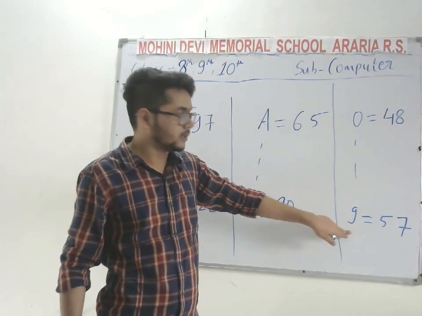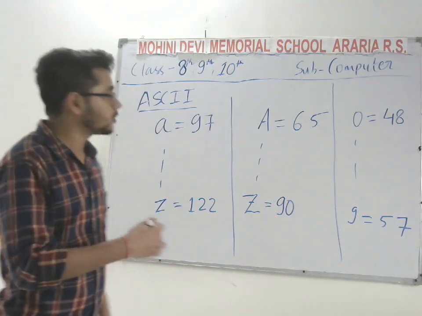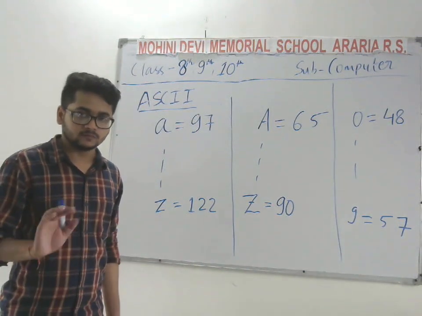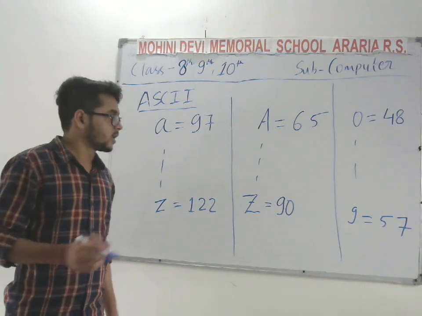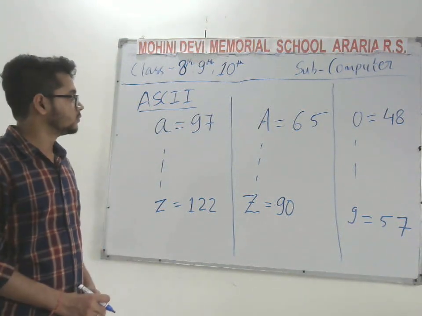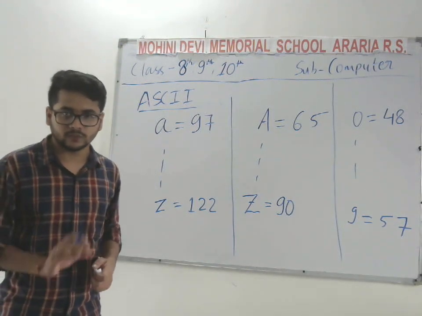Similarly, we will get to 9, which is represented as 57. And we can convert all these decimal numbers into binary numbers. I know you have already studied it, so try to convert it. So you have all the binary numbers for practice, just for practice.